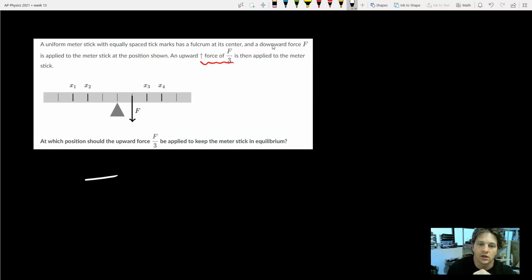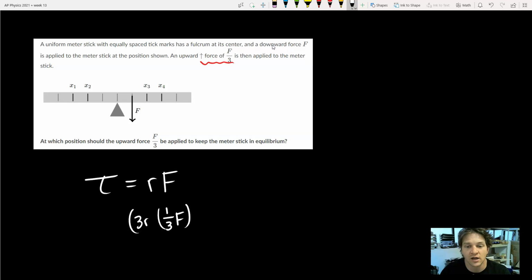If torque is proportional to radius and force, if the new force is only 1/3 as big, that tells me that the radius is going to need to be 3 times as far as what it was originally. Okay? So if I look at this, it was 1 tick mark. It needs to be 3 times as far.